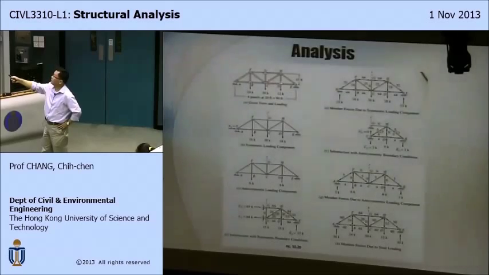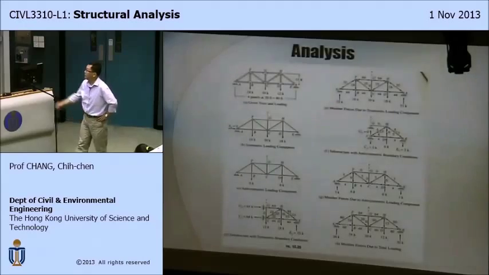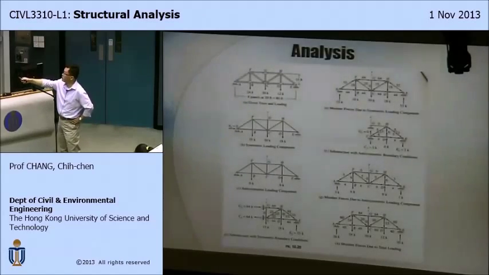You can first decompose your loading into symmetrical loads and anti-symmetrical loads, following the procedures. Then you do the symmetrical loads analysis first. You identify this is symmetrical loads and the structure is symmetrical, so you just do half the structure analysis like that, putting proper boundary conditions.